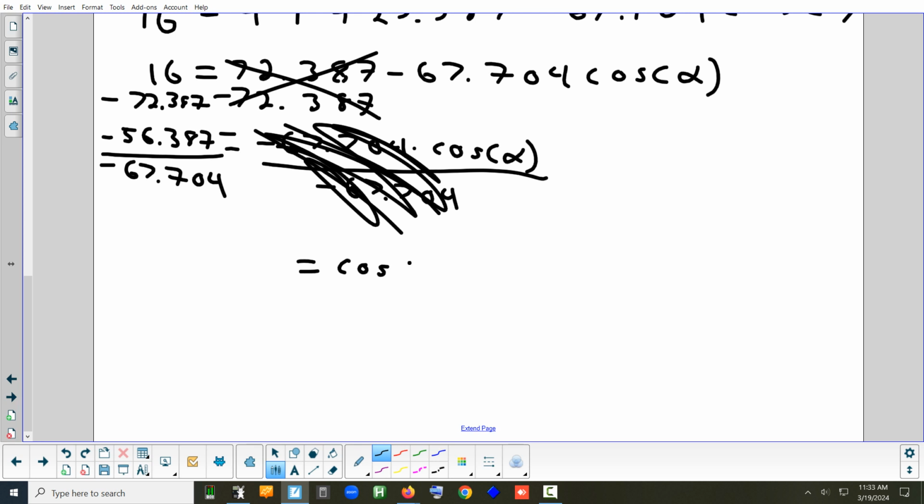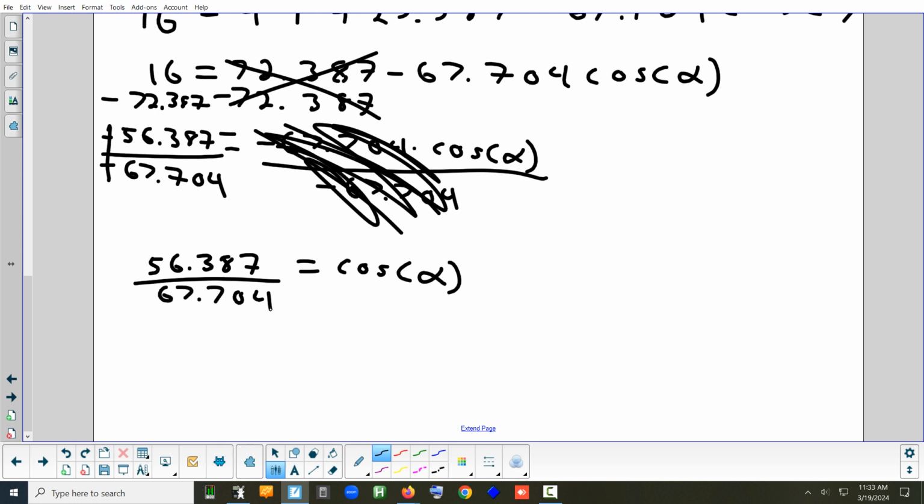Cosine alpha. And how about on the left side? Well, actually, you know what? I wouldn't even do it out. We know those negatives are going to cancel. Just leave it like that. 56.387 over 67.704. I didn't do it out because I didn't want to round again, so I'll just leave it.